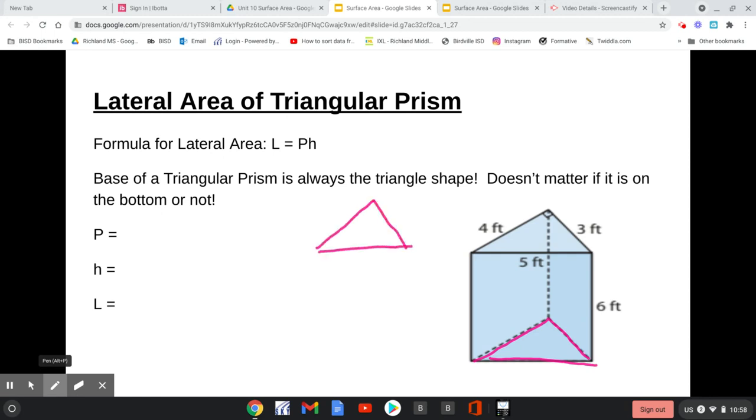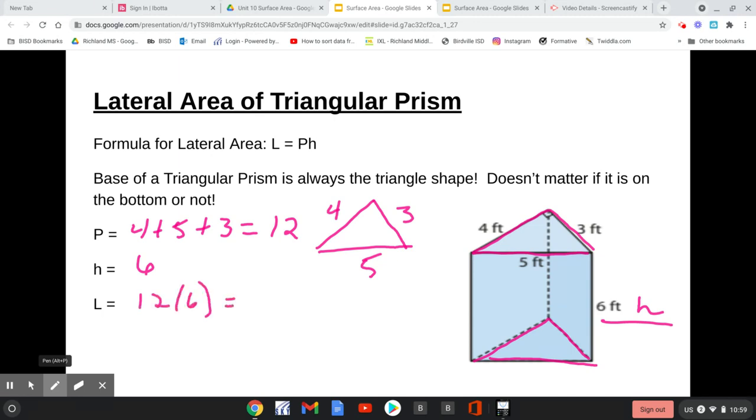And I don't have any numbers down here, but I know the numbers match these right here. So I'm going to relabel this 4, 3, and 5. And I'm going to add that up. 4 plus 5 plus 3 equals 4 plus 5 is 9 plus 3 is 12. And then our height is right here. Our height is 6. So we know our lateral surface area is 12 times 6, which equals 72.